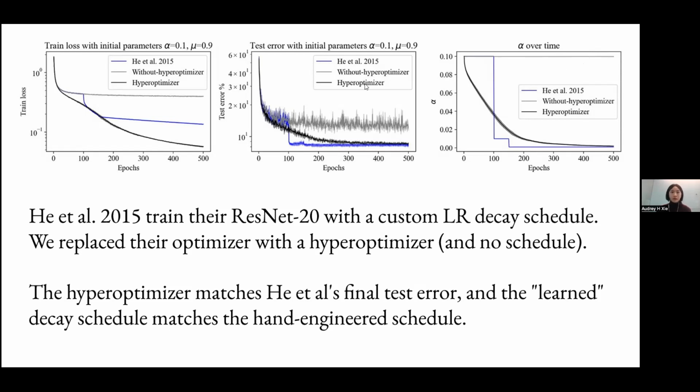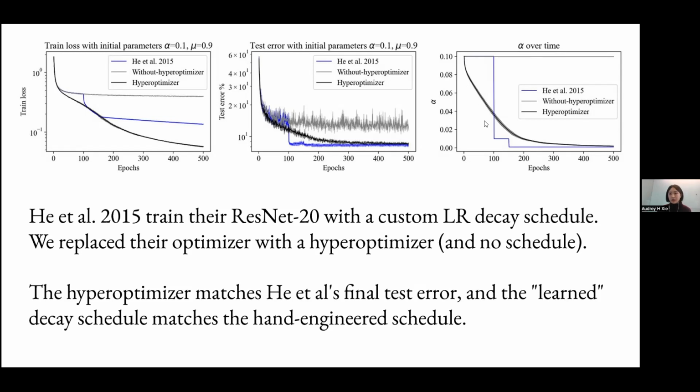After doing these three experiments, we find that the model trained using a hyper optimizer matches the final test error at 500 epochs around here. And perhaps even more surprisingly, the adjustments to alpha closely match the hand engineered schedule.